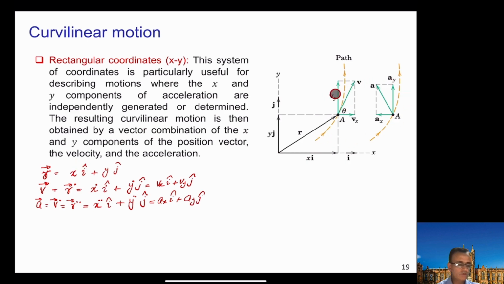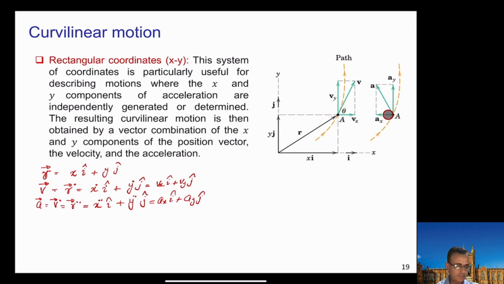Which you can see in this figure here, that r can be split into x, y. So y along j and x along i. Similarly, the velocity v, which is the instantaneous velocity at A of a particle, can again be split into the x component, which is vx along i, and then vy along j, which you can write like this.